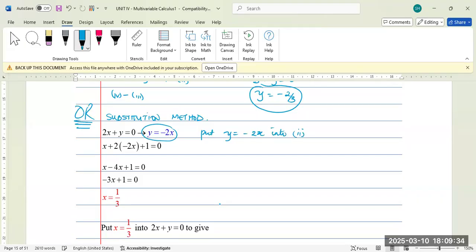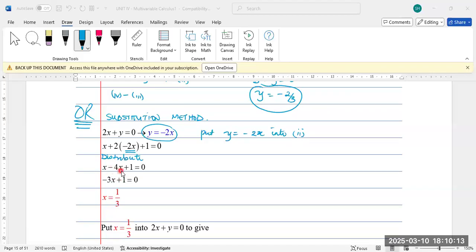So anywhere in the second equation I see y, I'm going to put that negative 2x. And then I'm going to distribute. So I'm going to have x, this x comes back right here, and then 2 times negative 2x gives me a negative 4x, plus this one, which is right here, equals 0.